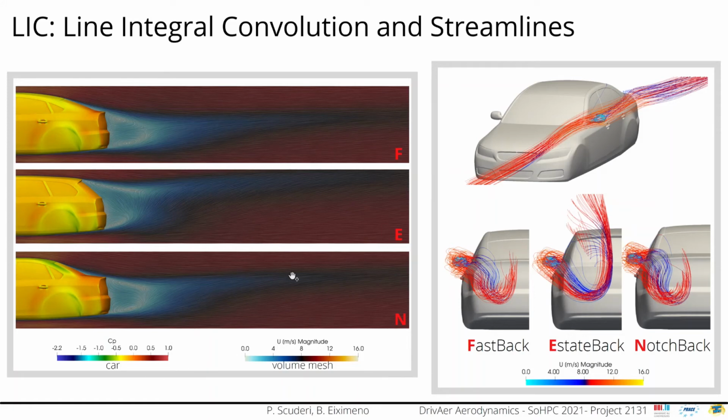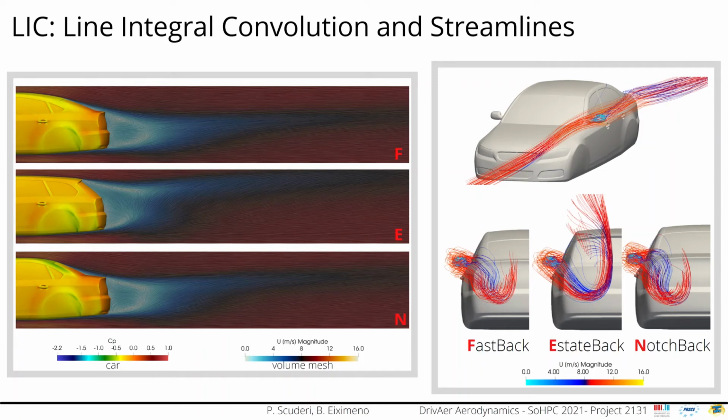On the left side, we see the XZ plane where, for all the configurations, there are two main recirculation vortices. For fastback and notchback shape, they are located in the region nearest the wall and their width is smaller than the estateback one. On the right side, we put in evidence the effects of the geometry for fluid streamlines flowing near the rear mirror.